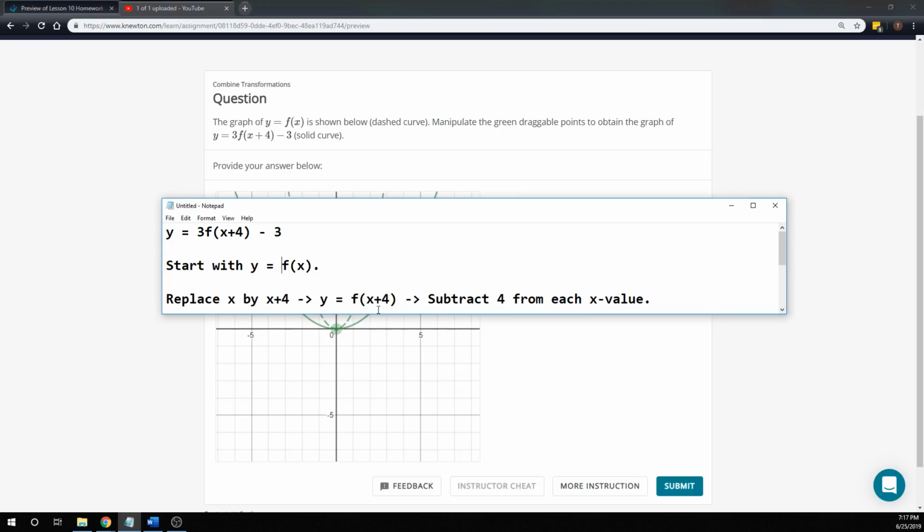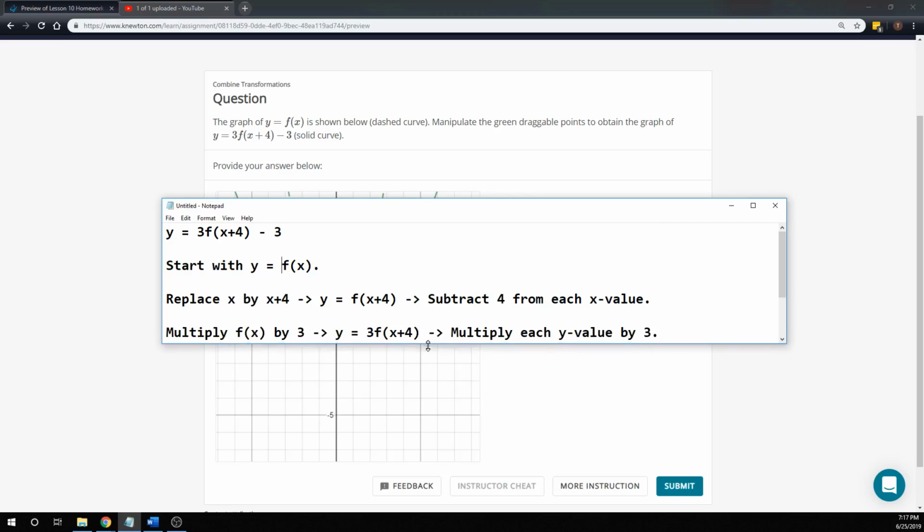All right, and then here is kind of a critical place. If I do that first, then I must multiply this by this 3. If I do the subtracting 3 and then multiply by 3, that would really be 3 times minus 3 and make that a 9, which is not what I want. So the next thing I'm going to do is multiply the function by 3.